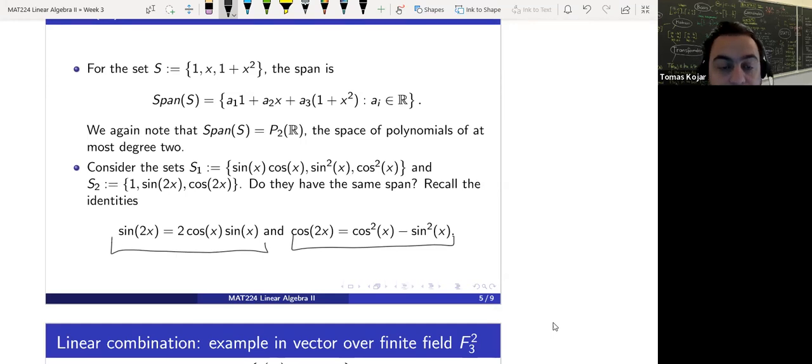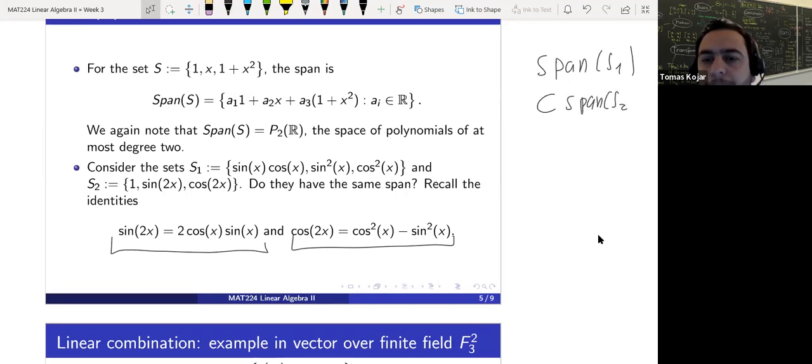So let's show first that the span of S1 is contained in the span of S2. I think that's the easier one. So how do you do that? The first guy is easy, right? You already generated it. So you have sine x cos x is equal to a half of sine 2x. So one guy is out.